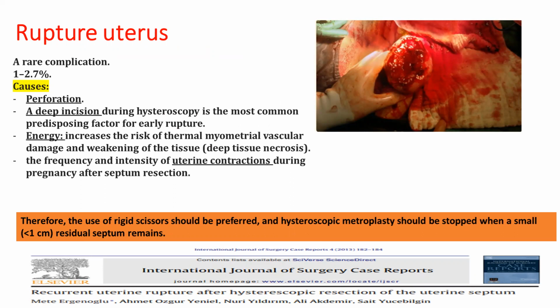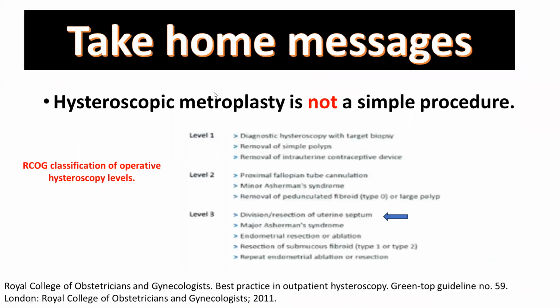Rupture of the uterus is rare, but can occur in up to 2.7% of cases after hysteroscopic metroplasty or incision of the septum. The main cause is perforation or deep incision using energy modalities because of secondary coagulation and deep tissue necrosis. And lastly, contractions of the pregnant uterus. These are contributing factors for uterine rupture.